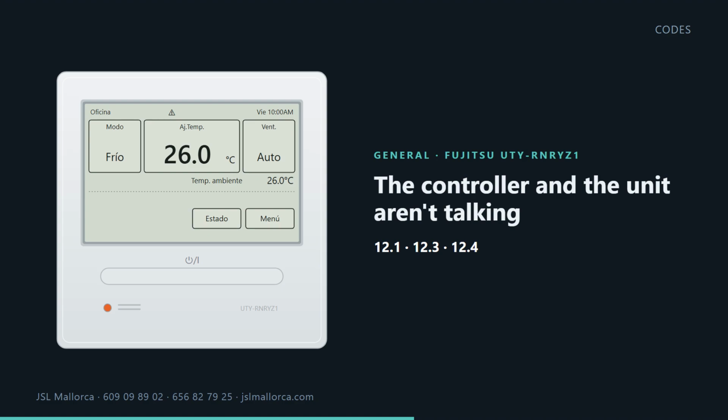All 3 are communication faults down the cable. 12.1 is the controller not getting through to the unit. 12.3 means there are more devices hanging off the line than it allows. And 12.4 means the system never managed to start up. Nearly always it's wiring, or how many controllers are fitted.